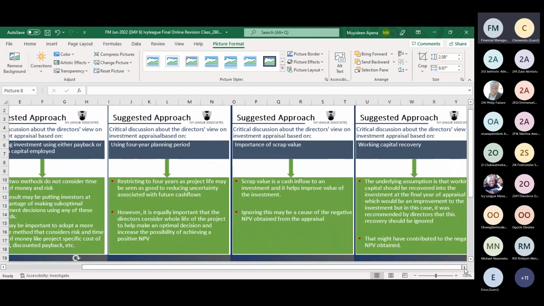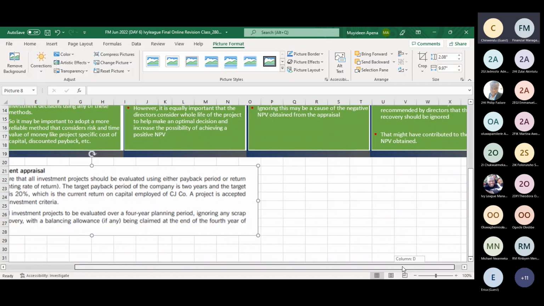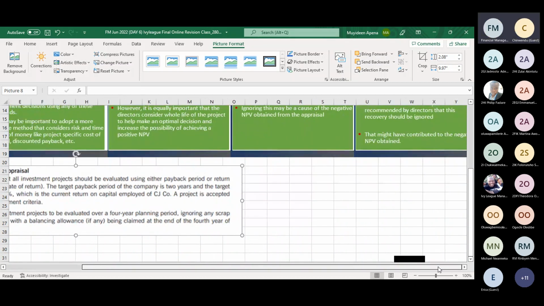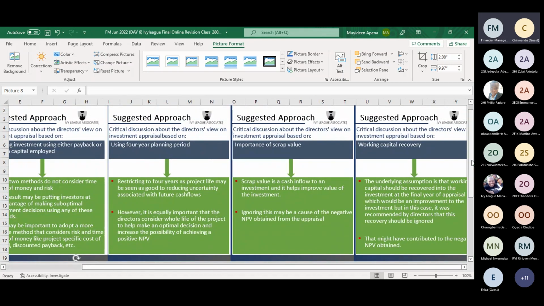The next point here. Directors say ignore any scrap value. Now, what's the implication of that? We say scrap value is a relevant cash flow to an investment project, and the essence of realizing scrap value is to improve the value or the worth of the investment eventually. You can't say a project is being undertaken that worth 3.5 million initial cost and nothing is being realized at the end of the project.